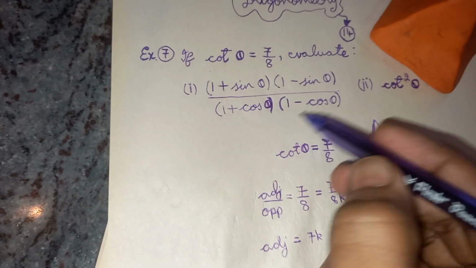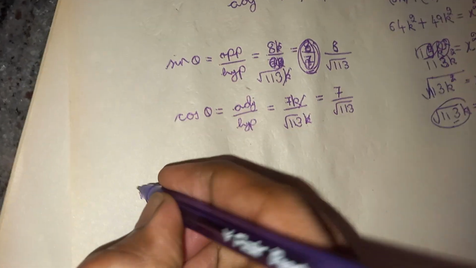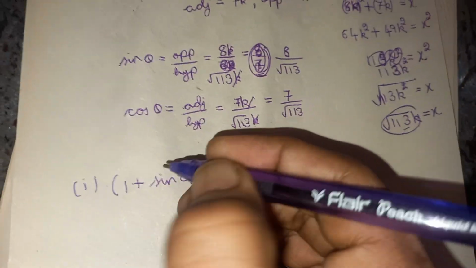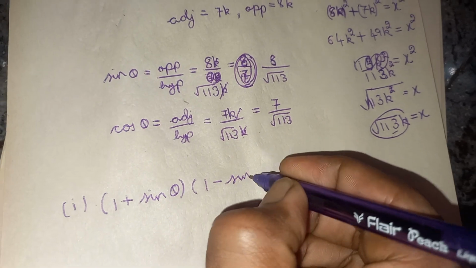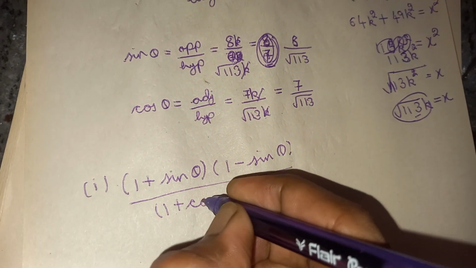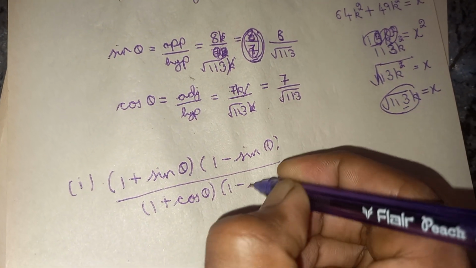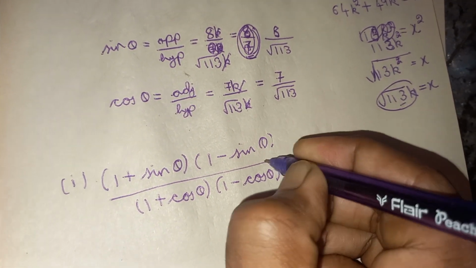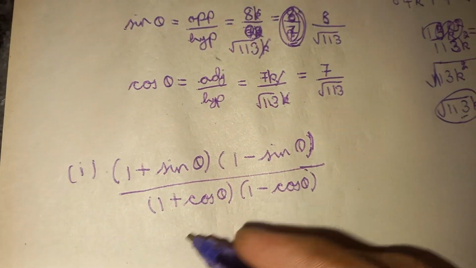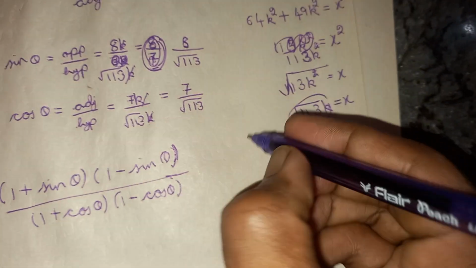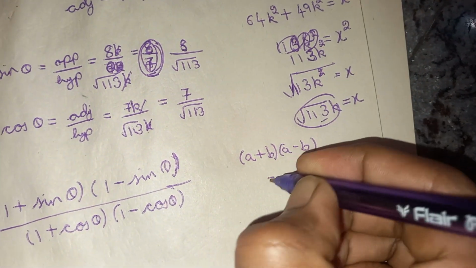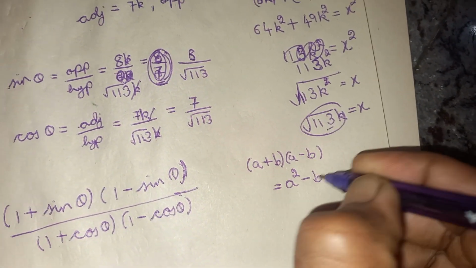Now the first value is (1 plus sine theta) times (1 minus sine theta) divided by (1 plus cos theta) times (1 minus cos theta). You can compare this to (a plus b) times (a minus b), which equals a square minus b square.